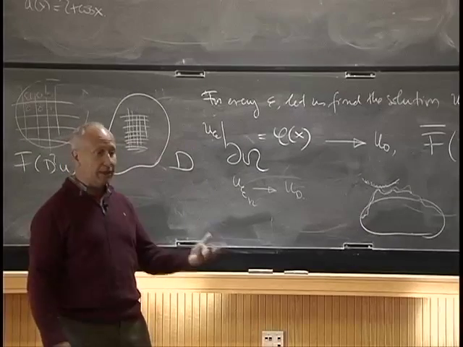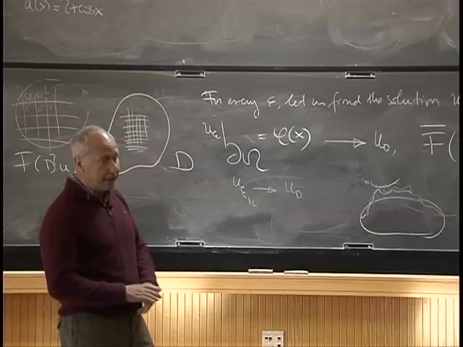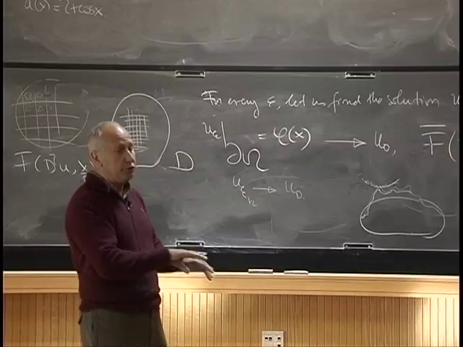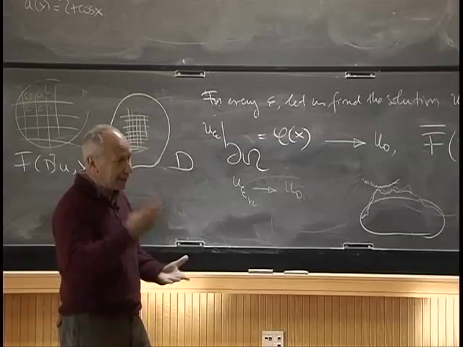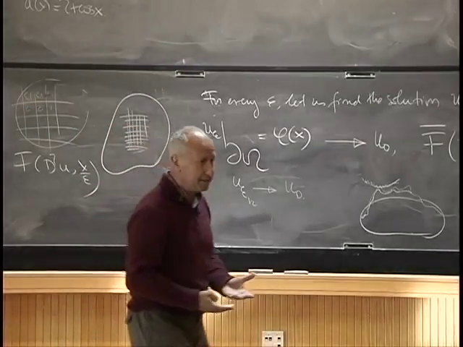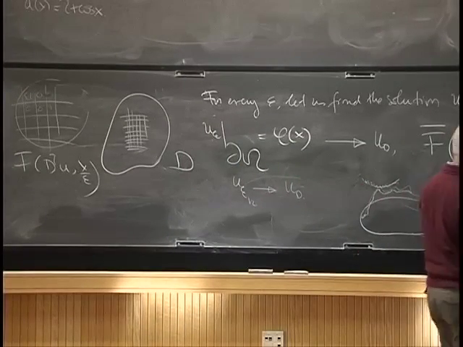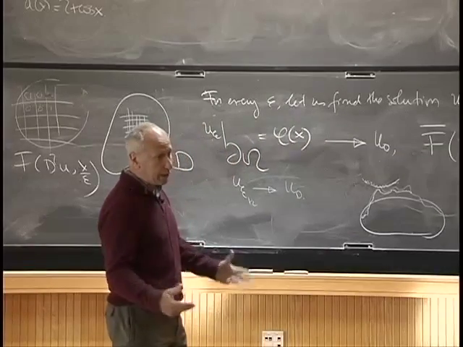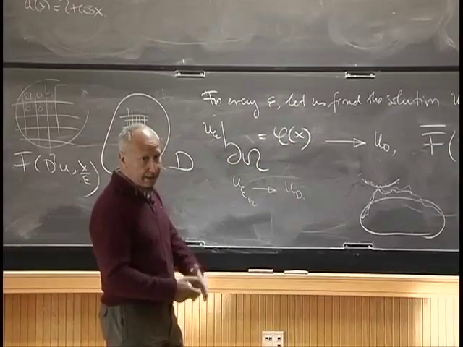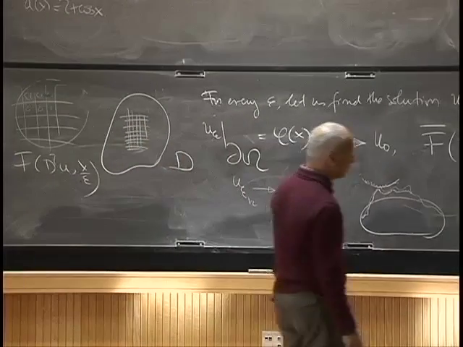If you give me a free boundary problem where you want u to be harmonic, and when it hits 0, u nu is equal to 1, this is characterized by the global functions which are half a plane with a slope 1. Okay, and when you do the viscosity method, when you do the comparison method, then what you have to know, for homogenization, is what are the global profiles that characterize the limiting problem.